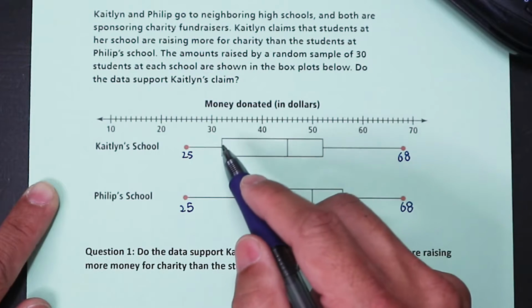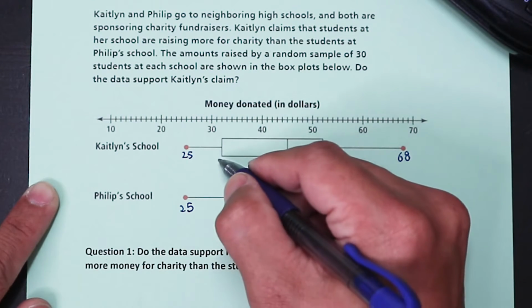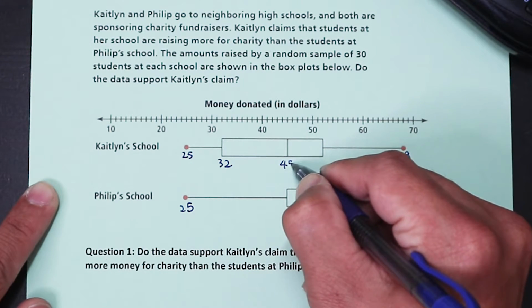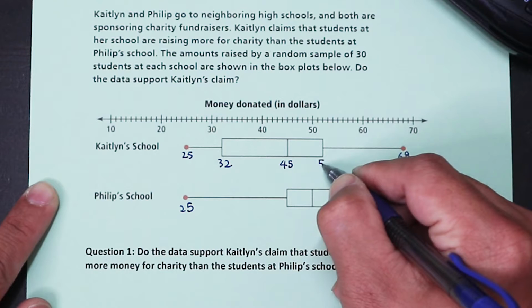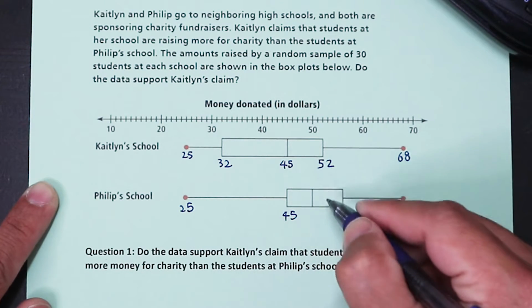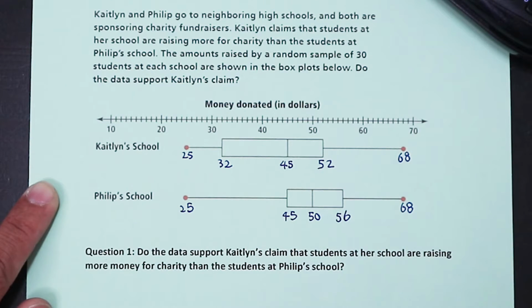Now, remember in the box plot, these three numbers are the first quartile, median, and the third quartile. So the first quartile for Kaylin's school is 32, the median is 45, and the third quartile is 52. And then for Philip, it's 45, then 50, and then 56.